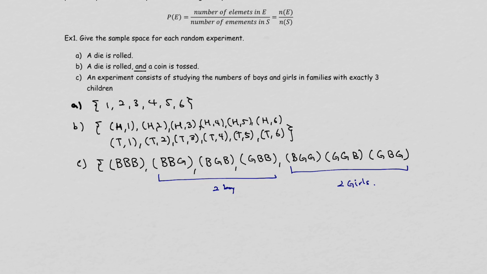And now you could have all girls, right? 3 girls. And that's going to be the sample space of having 3 children.